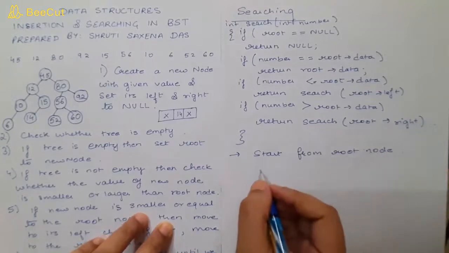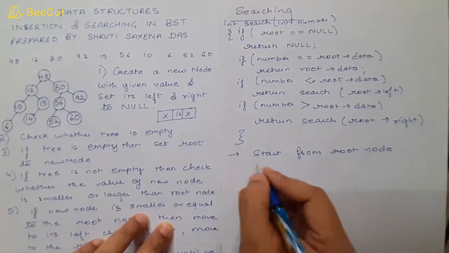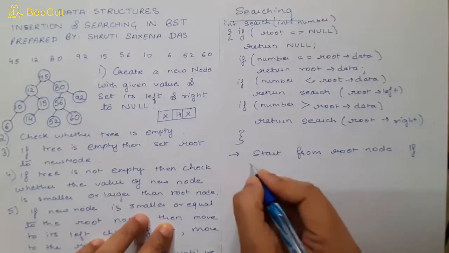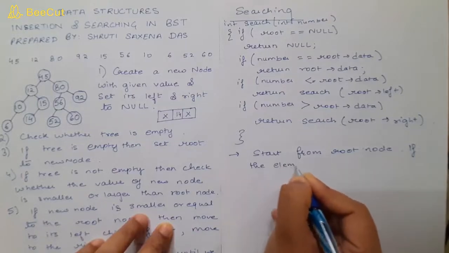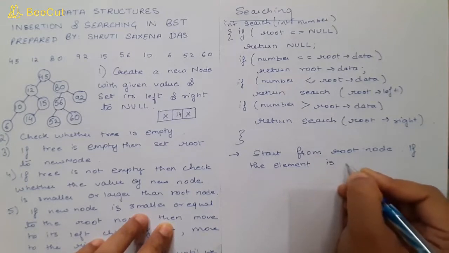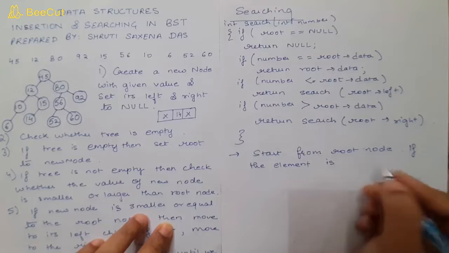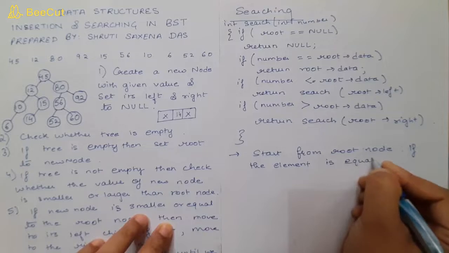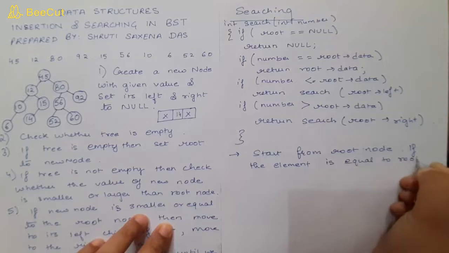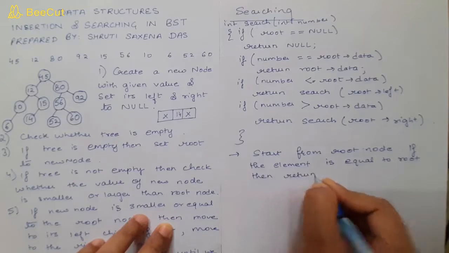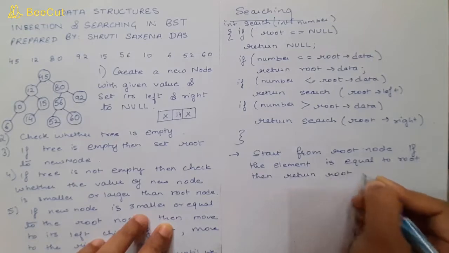If the desired element is equal to root node value, then return root node.